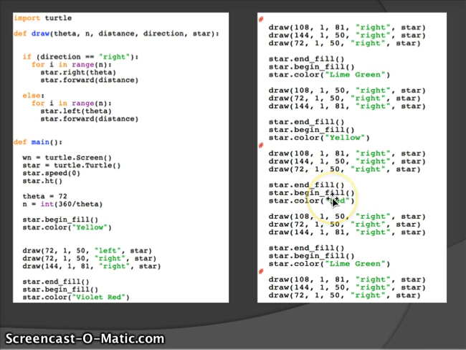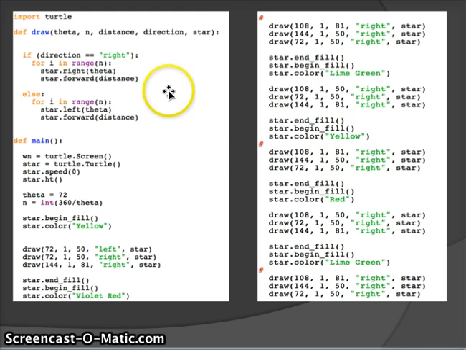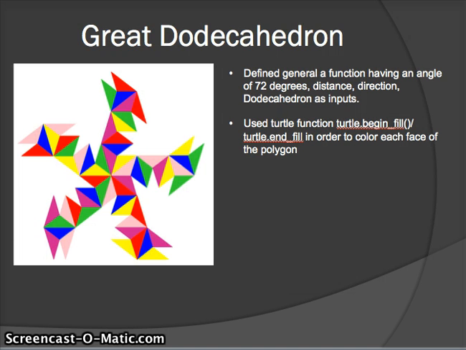And then again, the color, just by a simple function from Turtle of end, begin, fill. I think my code is going to be a little bit longer than this, obviously, since there are so many turns and so many of these little triangles in order to build the entire net.